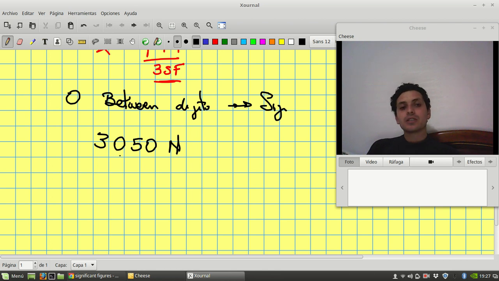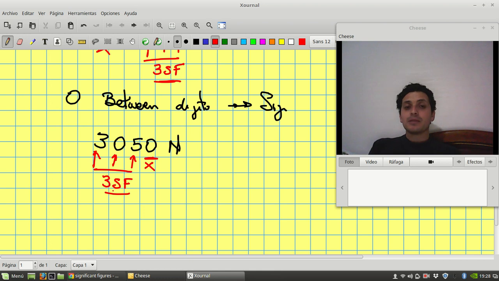Digit, 0 to the right, no, and 0 in between, significant. We have three significant figures.